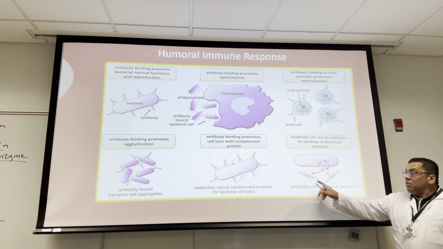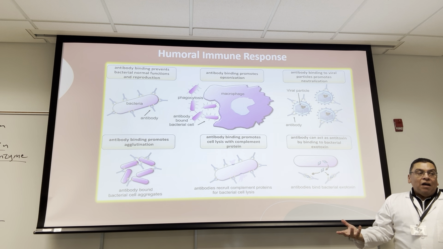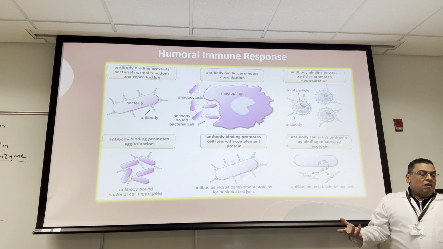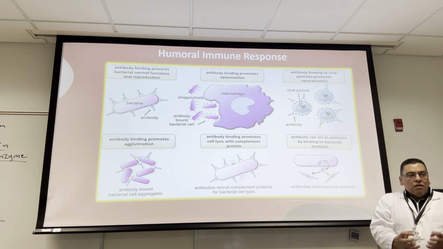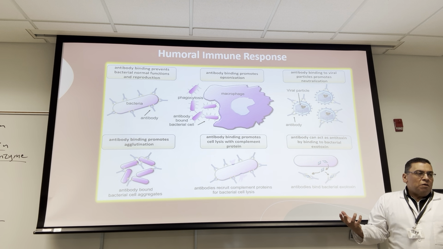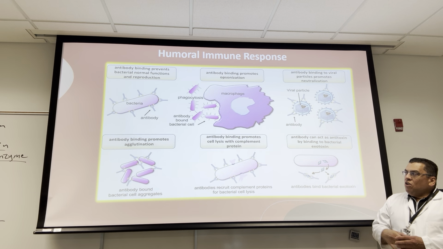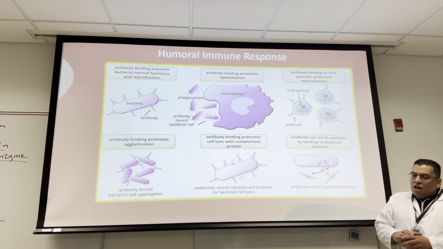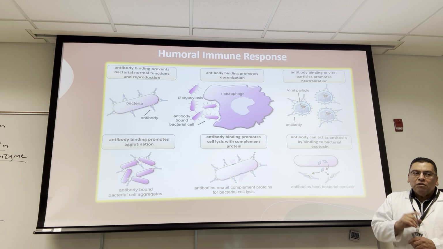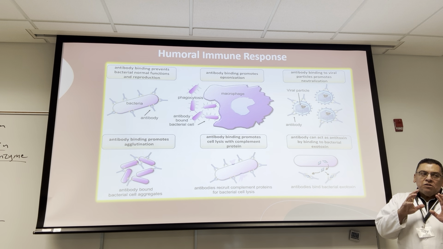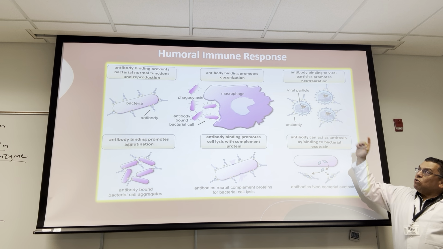Wow. This guy is circulating in your blood, the exotoxin. The antibody binds to it and precipitates it. Then that means it can't go anywhere. So this is neutralization of the exotoxin by precipitation. You gotta catch these two. They're both neutralization.